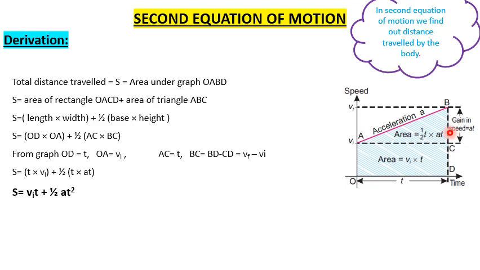By putting the values from this graph, OD is equal to t, OA is equal to Vi, and AC is equal to t, whereas BC is equal to BD minus CD, which is Vf minus Vi. By putting all these values in this equation, we will get s is equal to Vit plus half at square. This is the second equation of motion, which is used to find out the distance traveled by the body.